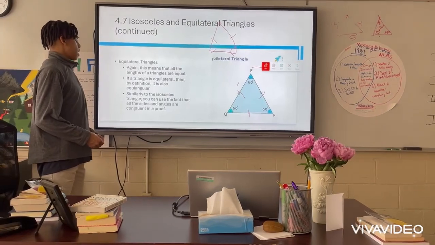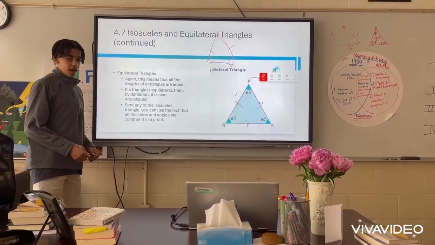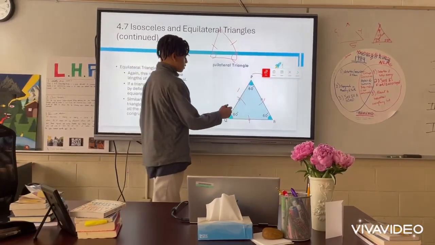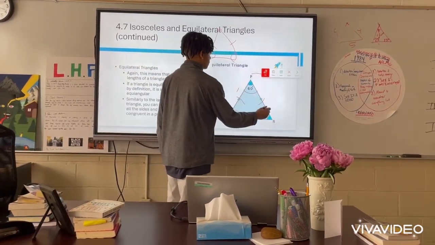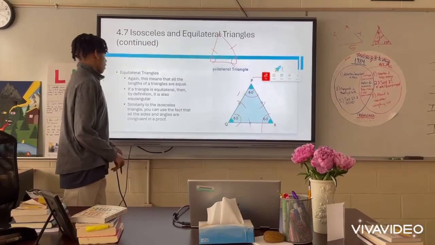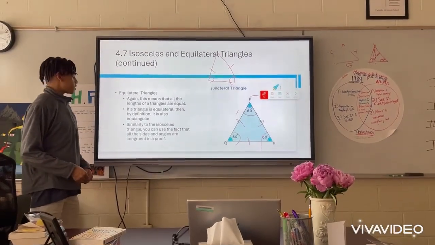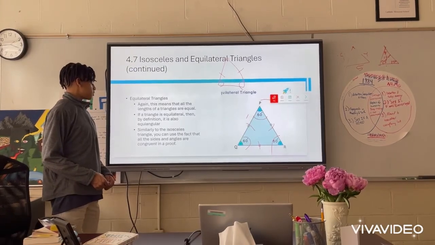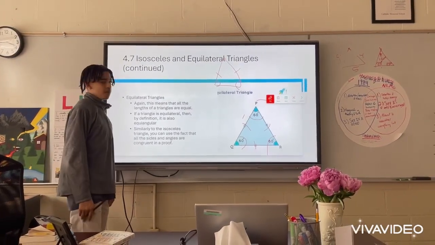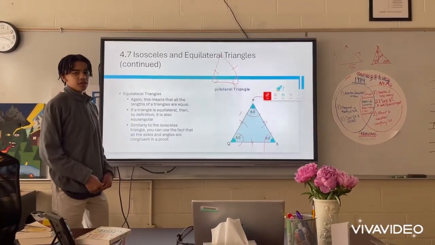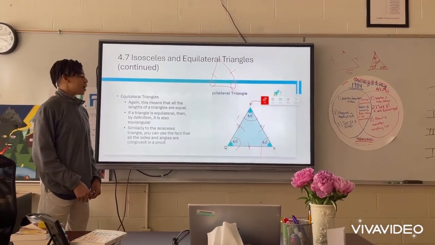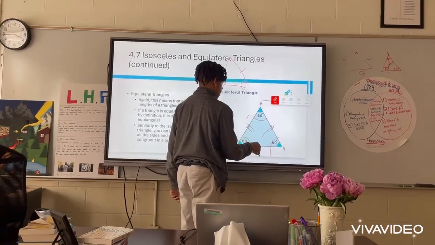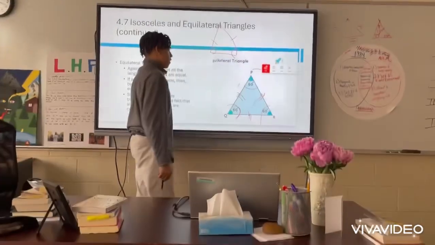And then if a triangle is equilateral, then by definition it's equiangular, like how these are equal. And similar to an isosceles triangle, you can use this fact in a proof: if it says that it's equilateral, then you know that all the sides are congruent and all the angles are congruent.